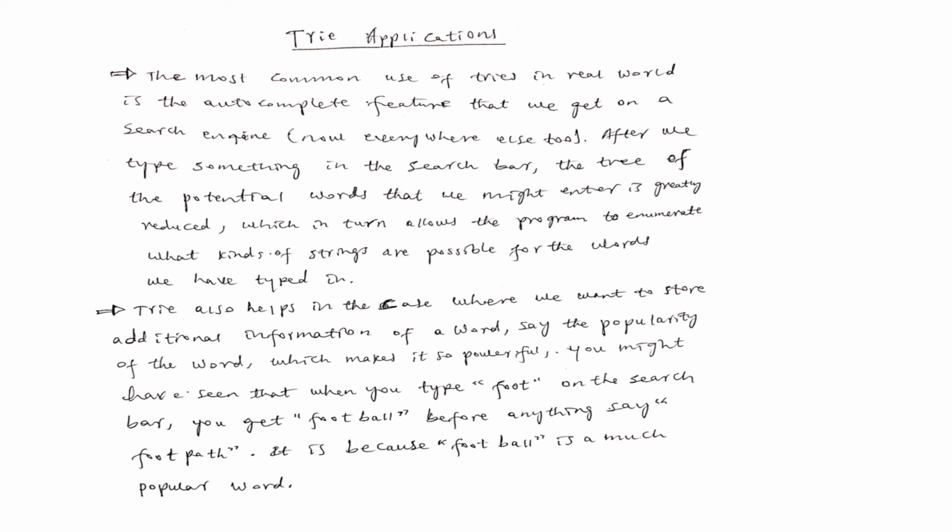Tree application. The most common use of trees in the real world is the autocomplete feature that we get in a search engine. Now it is everywhere. After we type something in the search bar, the tree of the potential words that we might enter is greatly reduced, which in turn allows the program to enumerate what kinds of strings are possible for the words we have typed in.